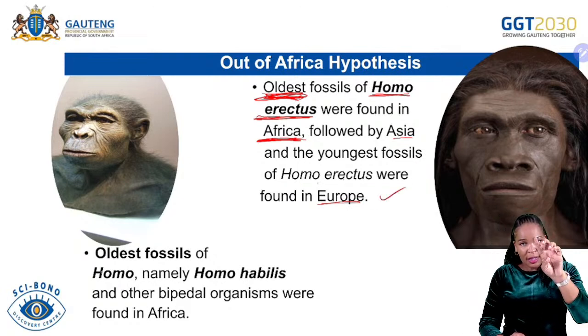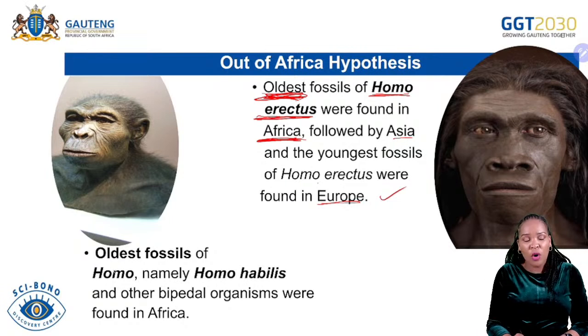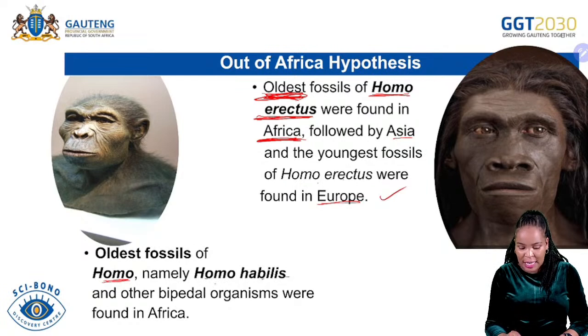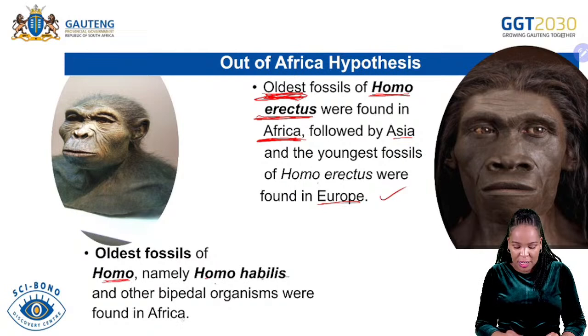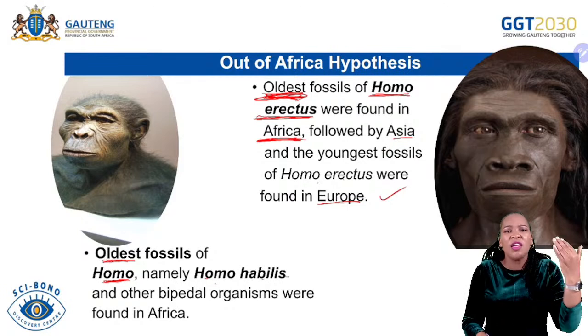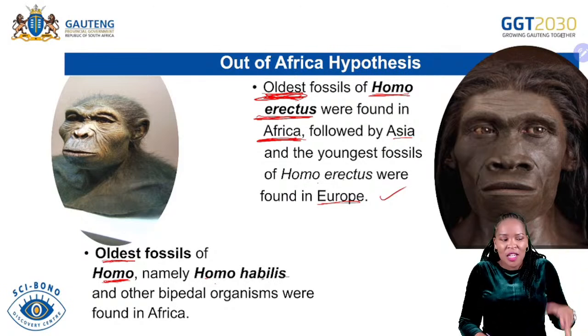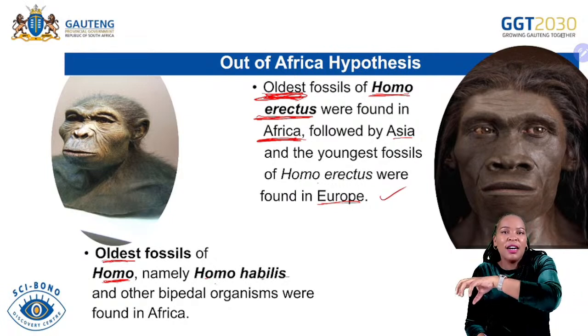The 4th mark that we are chasing, you say that the oldest fossils of Homo, which is Homo habilis, and other bipedal organisms were found in Africa. So the oldest fossil of Homo, you prove it by saying what? The oldest were found in Africa. So if the oldest is found in Africa, it means it originated in Africa first before it could go to other continents.